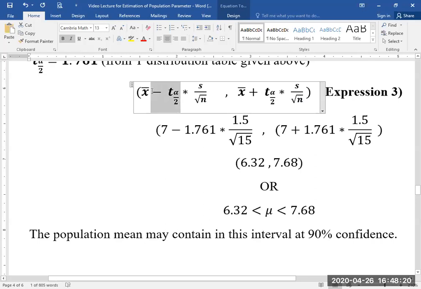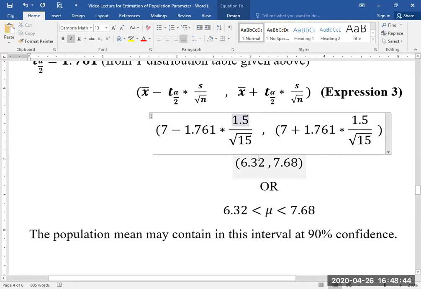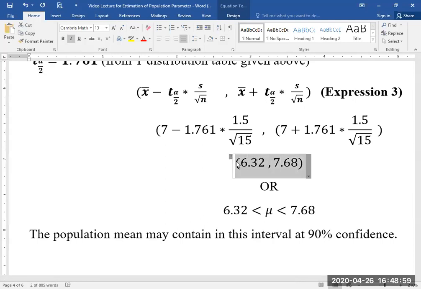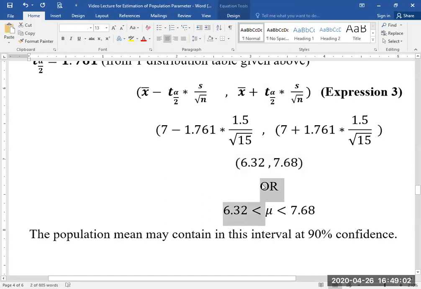For the lower limit, we subtract the sampling error from the point estimated value, and on the right side we add the sampling error to the x bar, or point estimate of the population mean. Now, after substituting the values, the same calculation as we did in example 1, we obtain the interval estimate for our problem at the 90% confidence level.